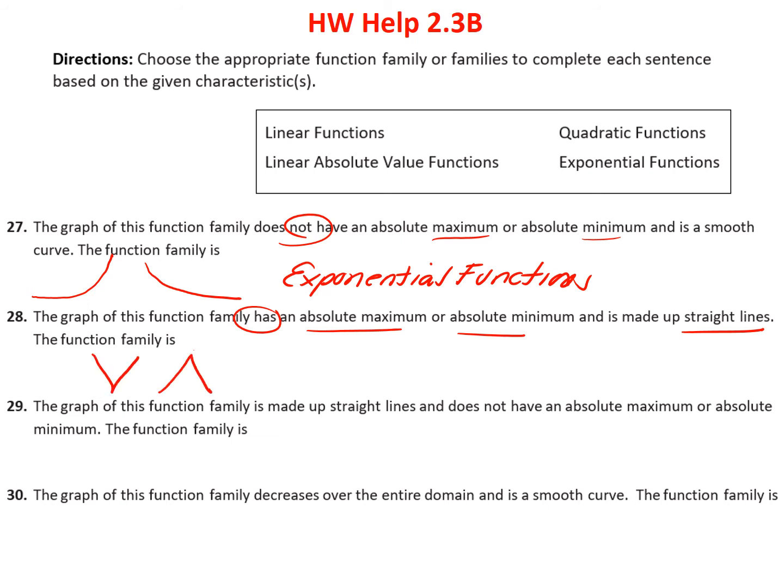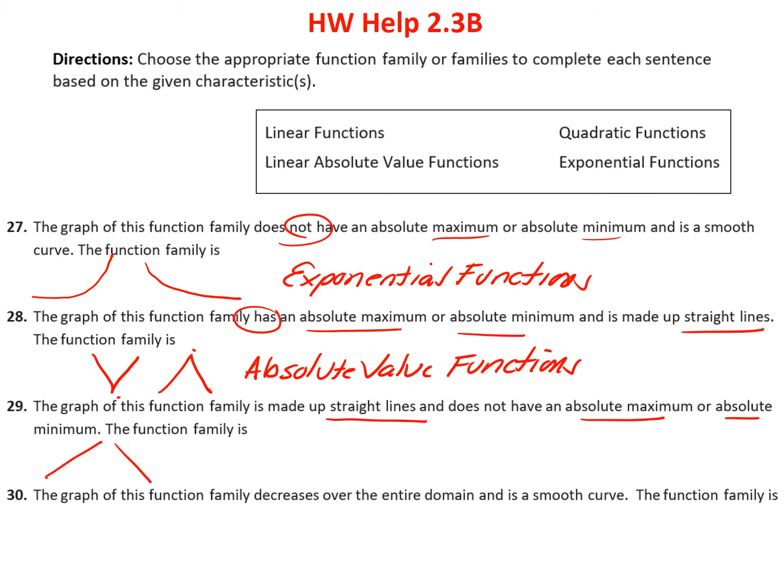There's a minimum, there's a maximum, and those are absolute value functions. 29 says the graph of this function is made up of straight lines, doesn't have an absolute maximum or minimum, and the function family is just going to be our lines, linear function.